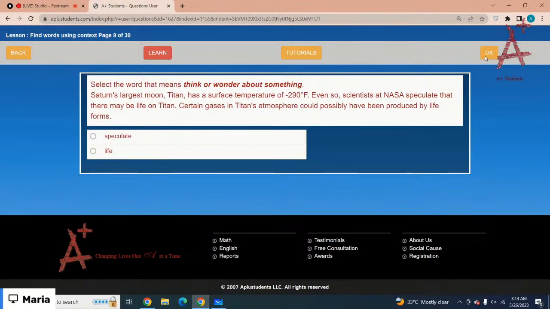Yes, that would be speculate. Got it? Speculate means think or wonder about something. The correct option is speculate. Life doesn't mean think or wonder. So it would be speculate.